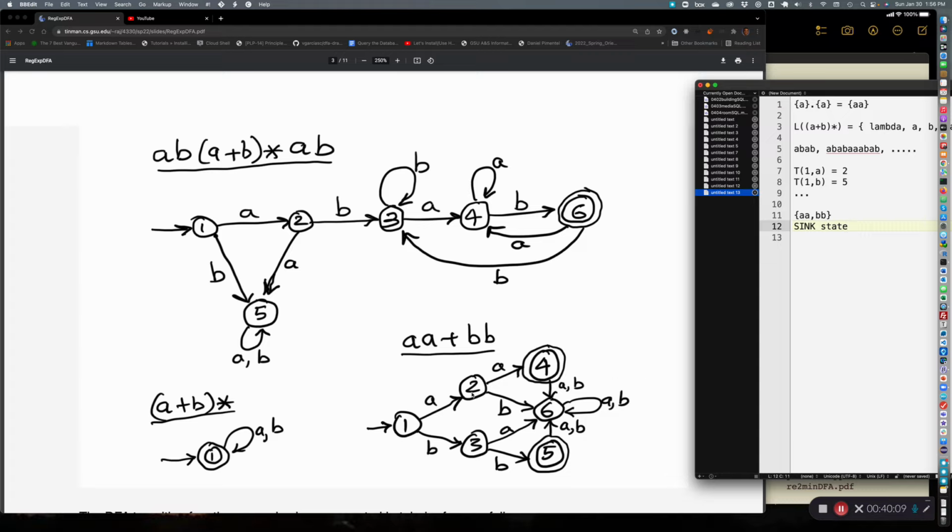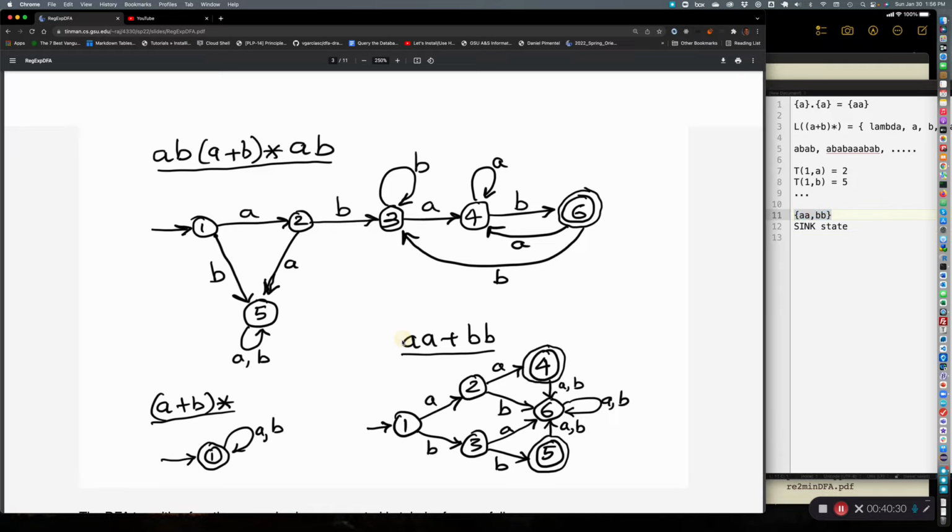If you end up in any of the other states like 1, 2, 3, or 6 after exhausting the whole input, you reject. So I think you should get a good feel for this DFA. It has 6 states, and it accepts the language AA, BB, which is denoted by the regular expression AA plus BB.